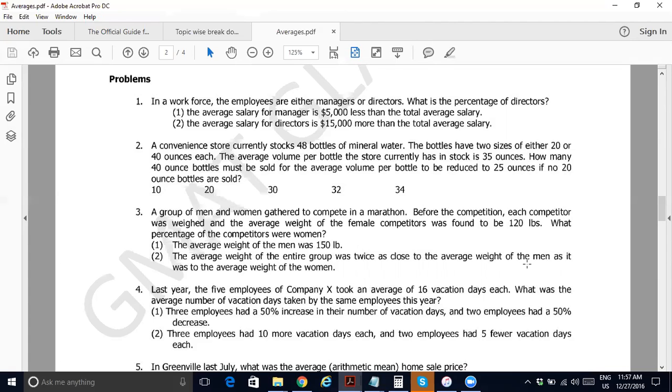That's the total average salary, the overall average salary of the organization. The average salary for managers is basically managers into the number of managers over the number of managers. That's the average salary.